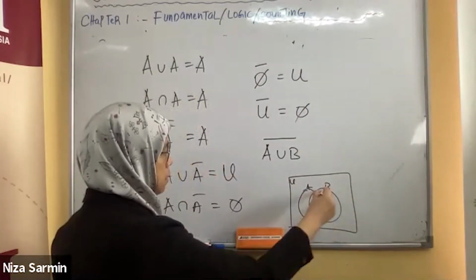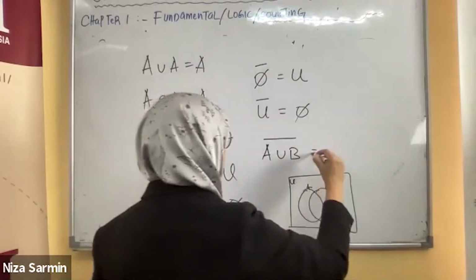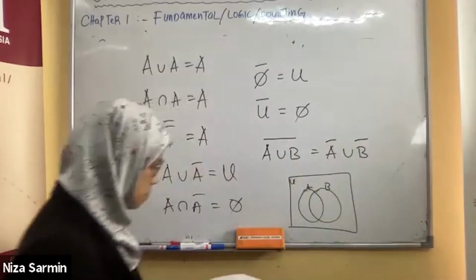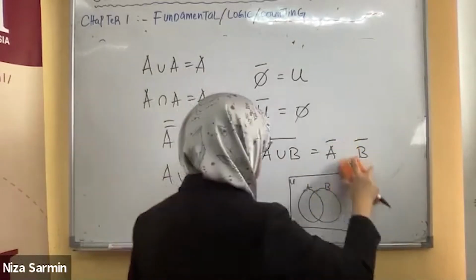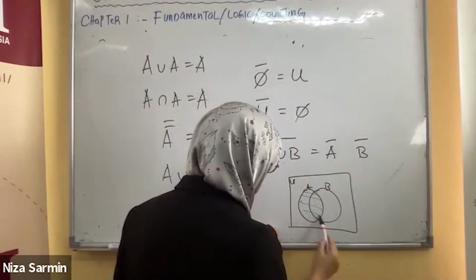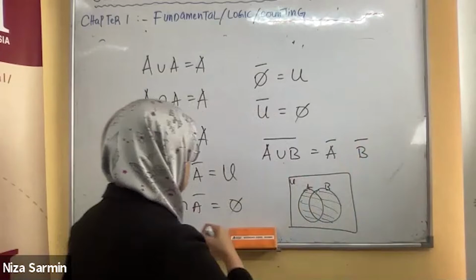A union B complement is outside. This is A complement union. Oh no, I think it's A union B. A union B is this. The complement is outside.